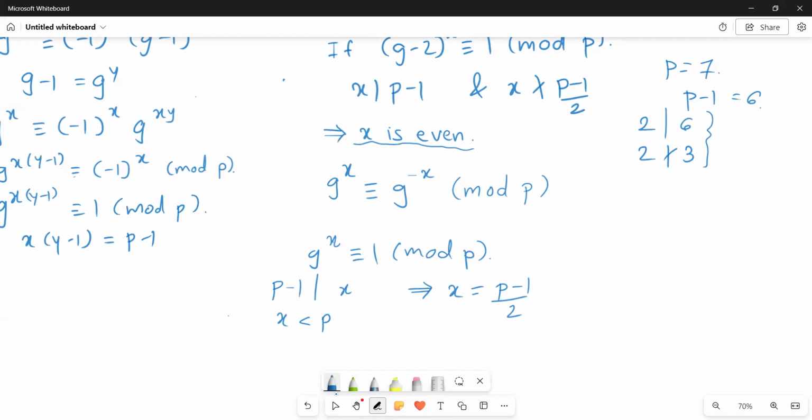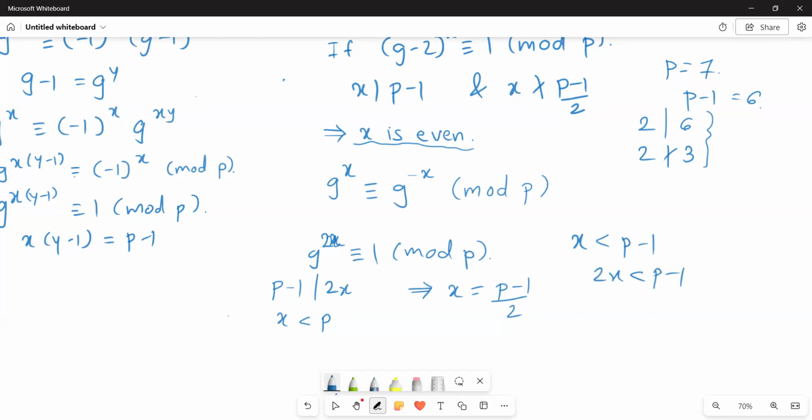Alright. Okay, then we need to do more work. So we know p minus 1 divides 2x, and we know x is less than p minus 1, but we don't know if 2x is less than p minus 1.